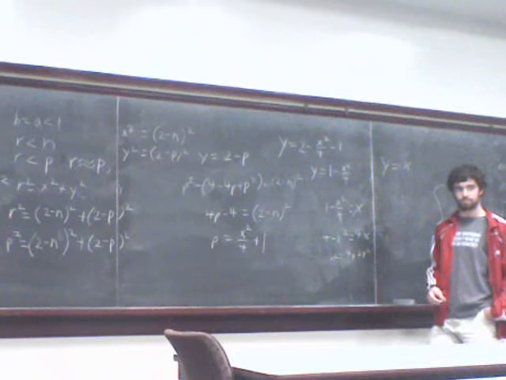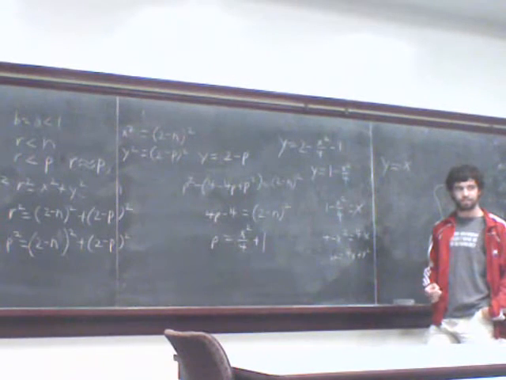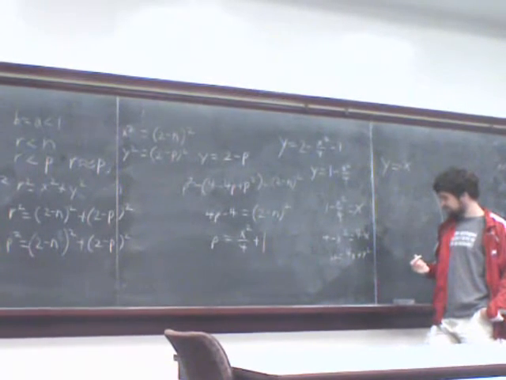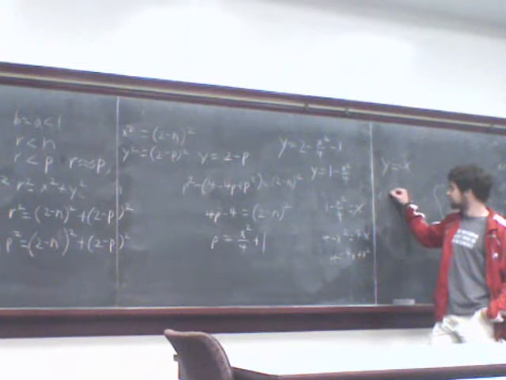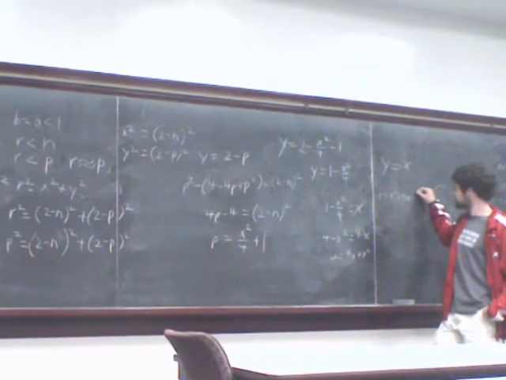Subtract it over, you get 0 equals x squared plus 4x minus 4.